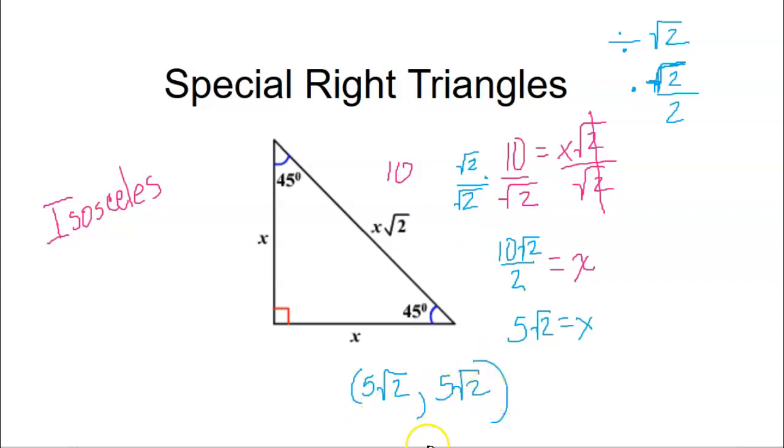And so those coordinates are going to be the same. If you check that against Javier's answer, 5 times the square root of 2 is 7.07. And so that totally matches the numbers that he had. So this would give us an exact answer versus his decimal answer.